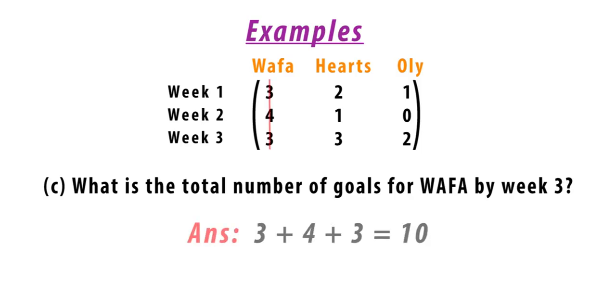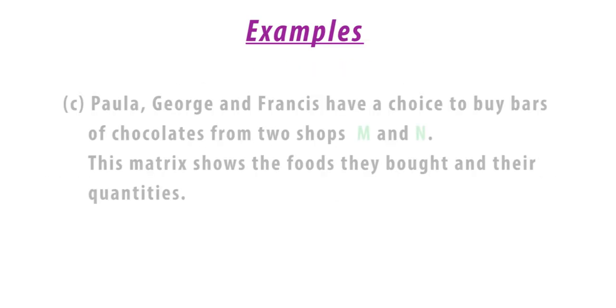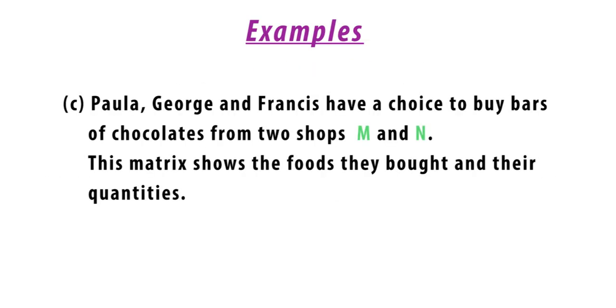The answer will be 3 plus 4 plus 3, which is equal to 10. Let's take example 3. Paula, George, and Francis have a choice to buy bars of chocolates from 2 shops, M and N. This matrix shows the foods they bought and their quantities.